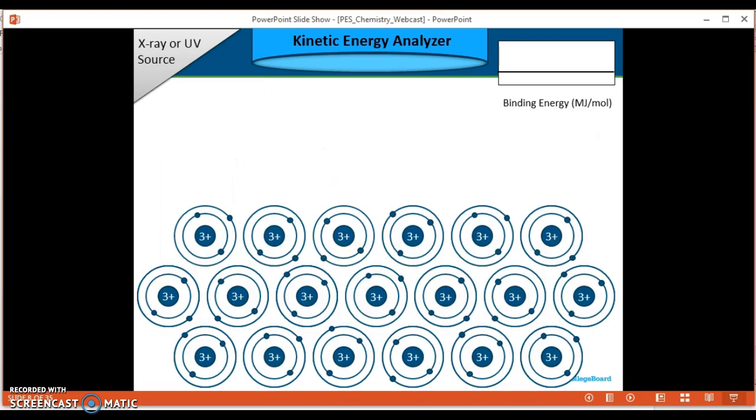Here is a particle level diagram of what's going on. We have an X-ray or a UV source, and here we have some atoms of lithium. We're going to provide the energy, and that's going to remove electrons, and we're going to analyze the kinetic energy of those electrons coming off to see how much ionization energy it took to remove them.